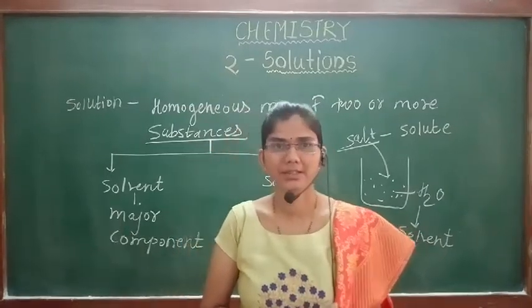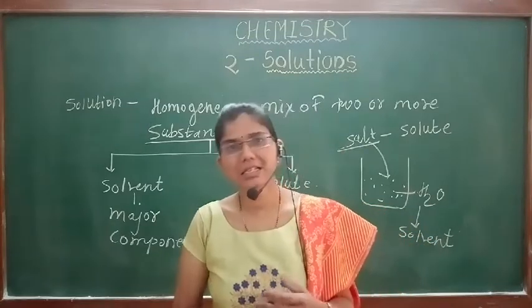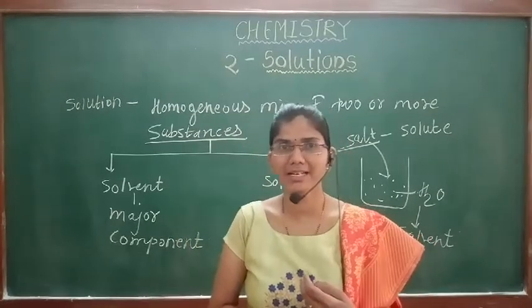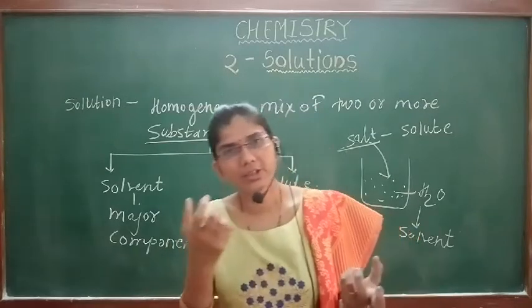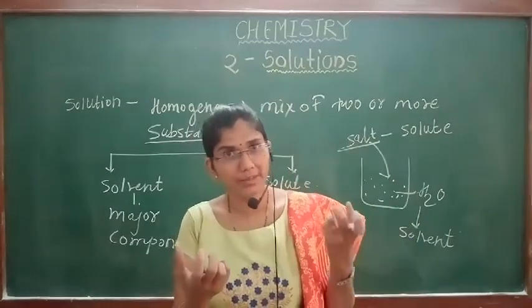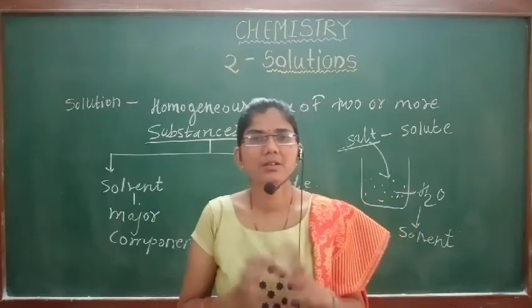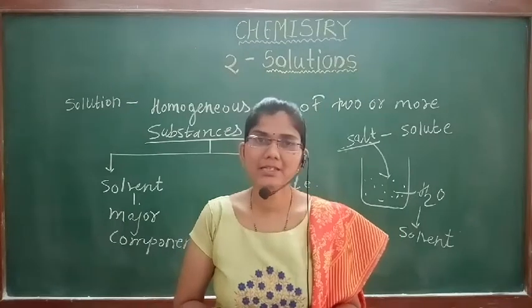NaCl is polar because it forms 2 poles. H2O is also a polar molecule. It forms 2 poles, H plus and OH minus ions. Therefore, when a polar solute is dissolved in a polar solvent, it forms a solution according to the rule like dissolves like.